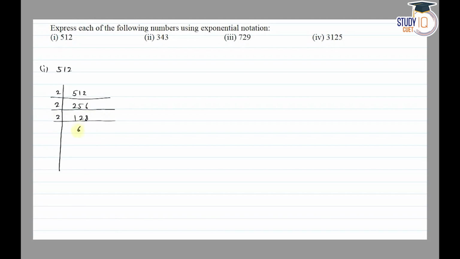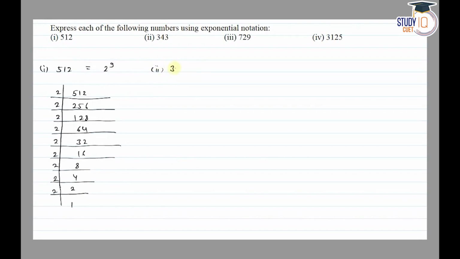Then 2 6 are 12, then 2 4s are 32, 16, 8. Then हम काउंट कर लेंगे 1 2 3 4 5 6 7 8 9. इसे हम एक्सपोनेंशियल नोटेशन में रिप्रेजेंट करें तो हो जाएगा इक्वल टू 2 की पावर 9.